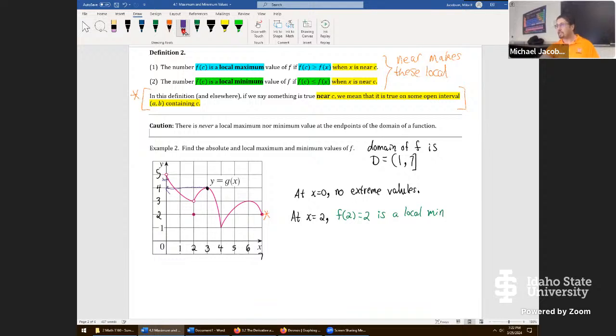There's other function values that say 4.5, 4.7, 4.9, 4.999, and so on. But if you restrict the graph like this, so all you care about is nearby 3, here's that open set around 3, then yeah, that function value at height 4 is considered a local maximum.